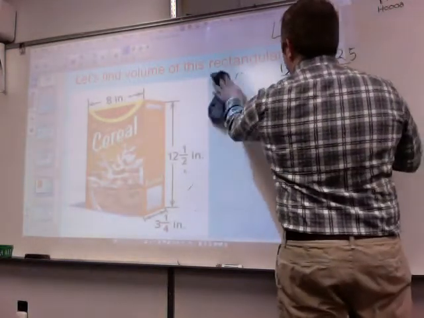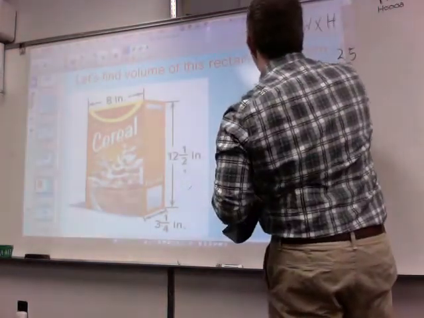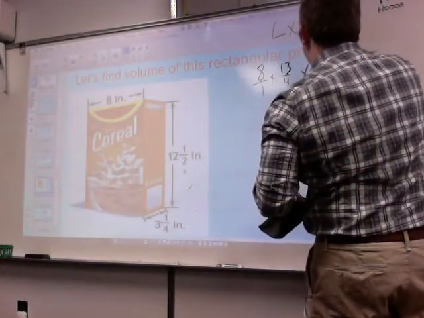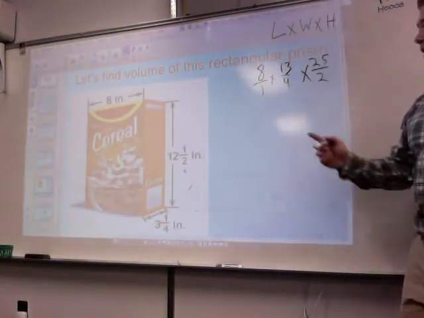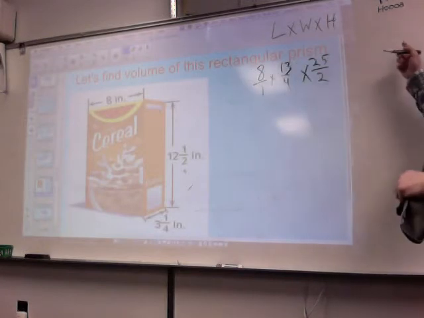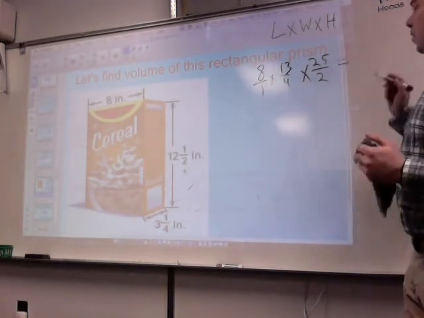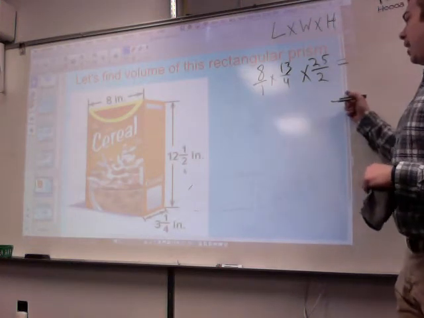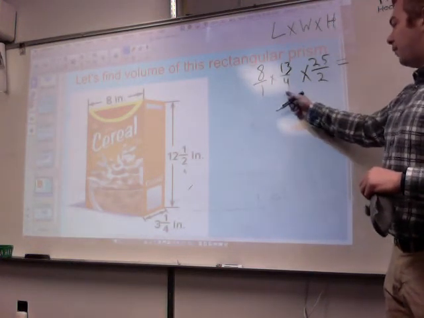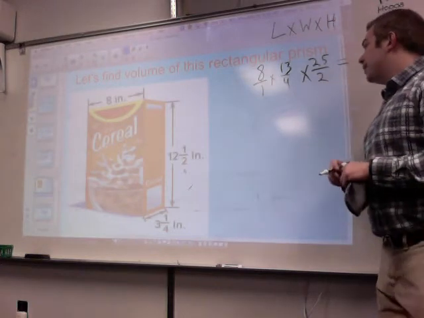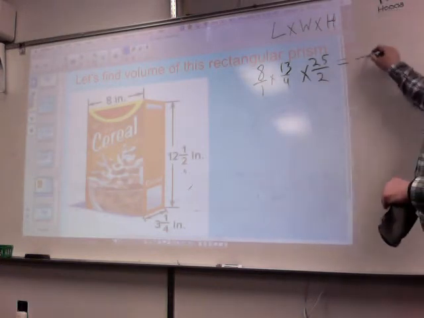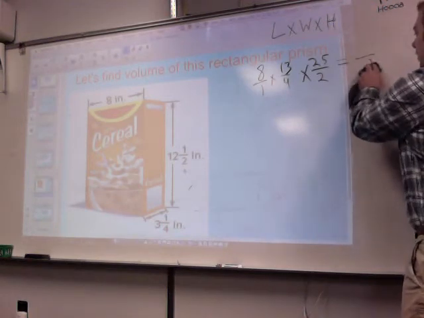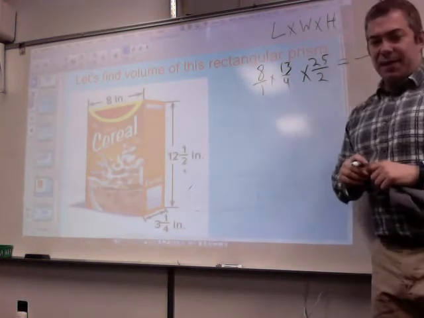Okay, now multiplying fractions. I'm going to let this look a little nicer here. 8 over 1 times 13 over 4 times 25 over 2. Now multiplying fractions, I could just multiply all my numerators and all my denominators. What I'm actually going to do first here is kind of simplify. I'm going to multiply my denominators and get 1 times 4 times 2, which equals 8. Okay? So on my bottom, I have an 8. Now, when I look at this, I have an 8 on the top.